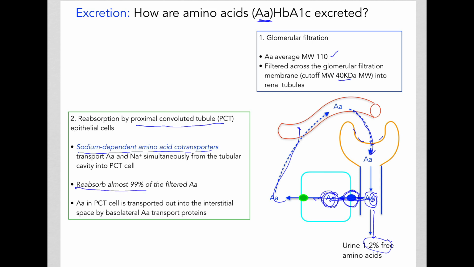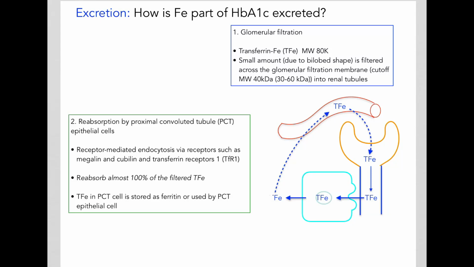So most of these amino acids are reabsorbed, and once they are reabsorbed, they are transported out of the proximal cell by basolateral amino acid transport proteins. So there are several transport proteins here that are able to take out these amino acids and send them back into the bloodstream. Now, what about the iron part of HbA1c?